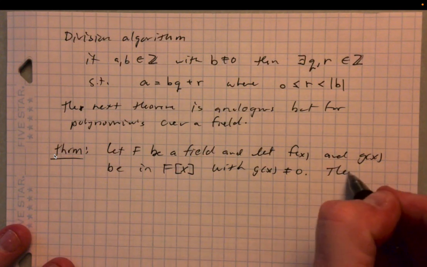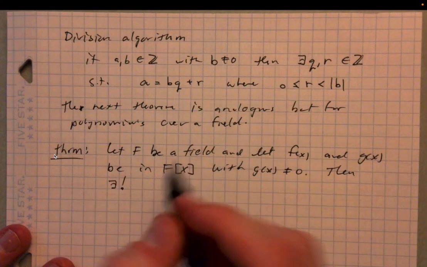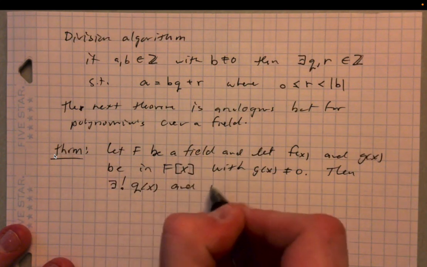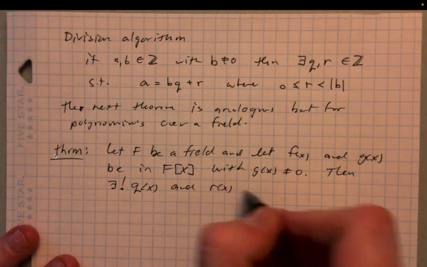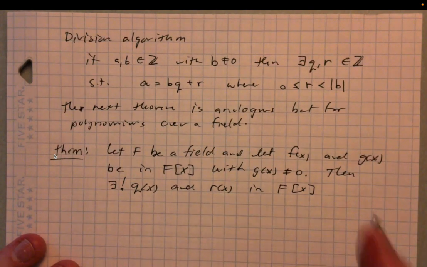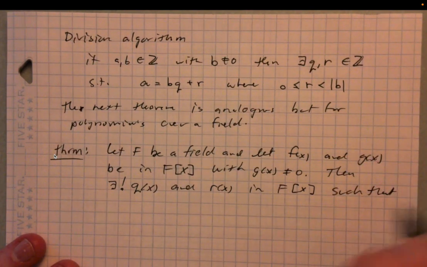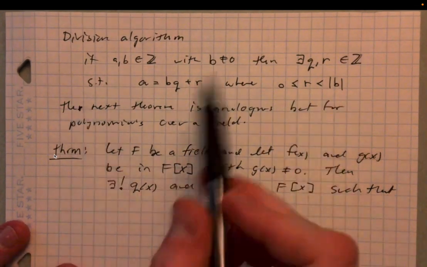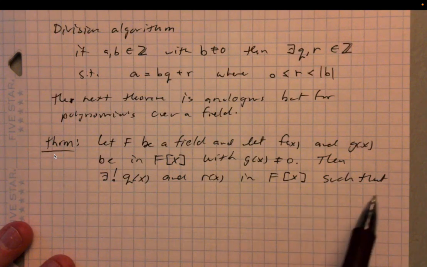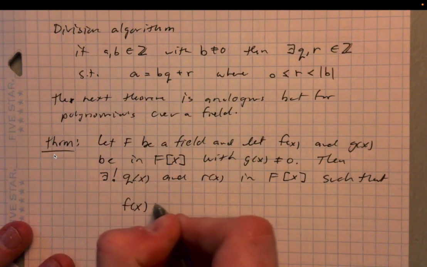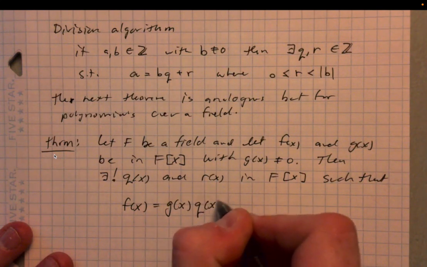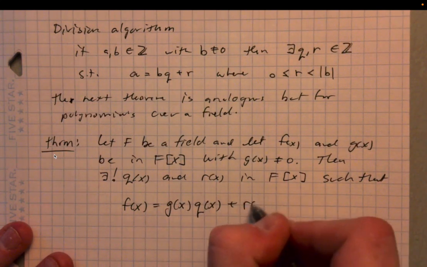Okay, so then there exists a unique q of x and r of x in F of x, the polynomials over F, such that, very similar to the division algorithm over the integers, but now we're talking polynomials over F, f of x equals g of x times q of x plus r of x.